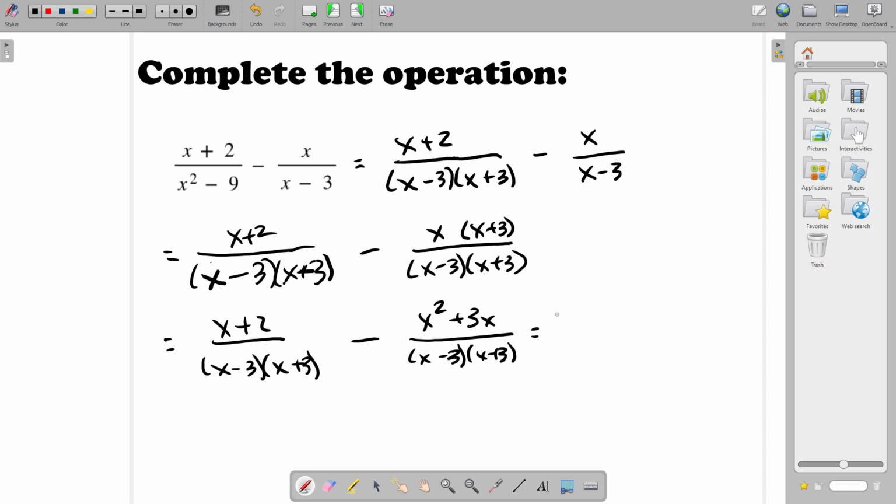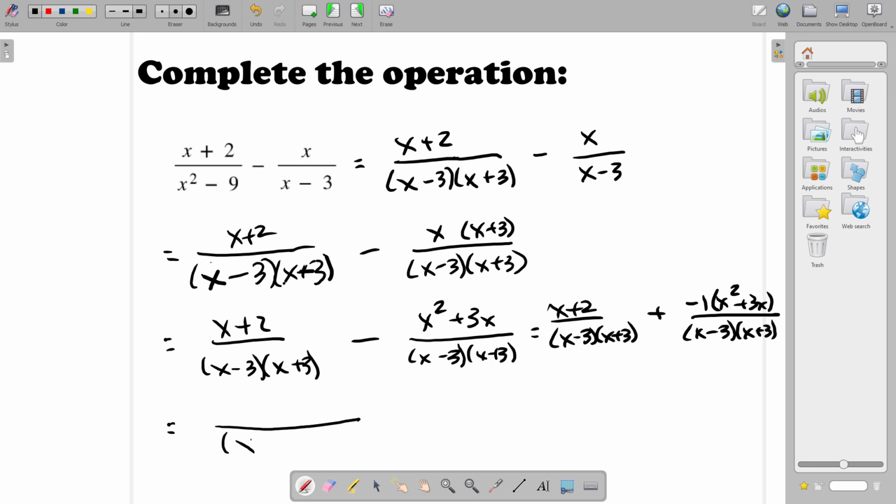So this really becomes x plus 2 times x minus 3 times x plus 3 plus a negative 1 times x squared plus 3x over x minus 3 times x plus 3. Now distribute that negative 1, and I'm going to go ahead and write this as one fraction.